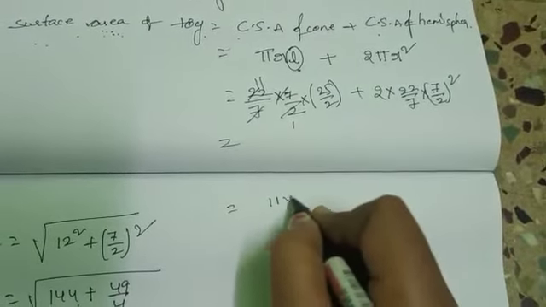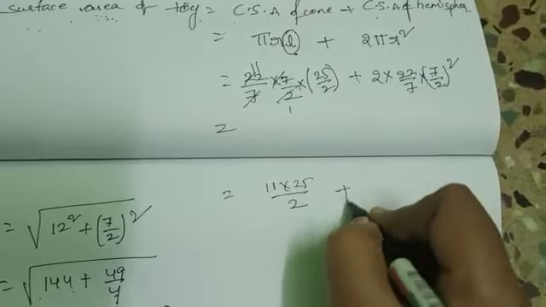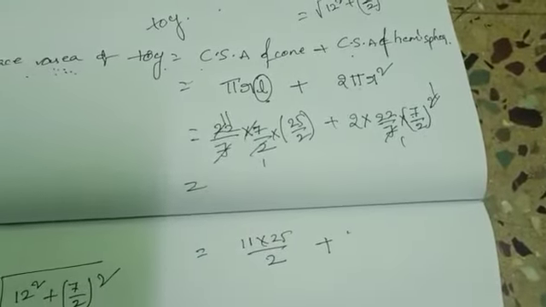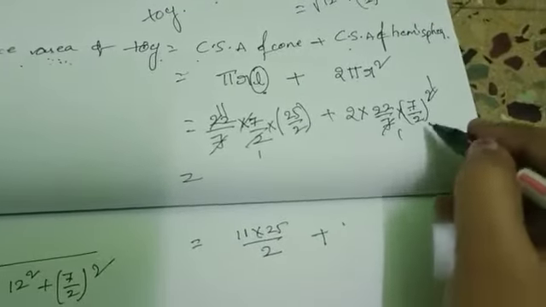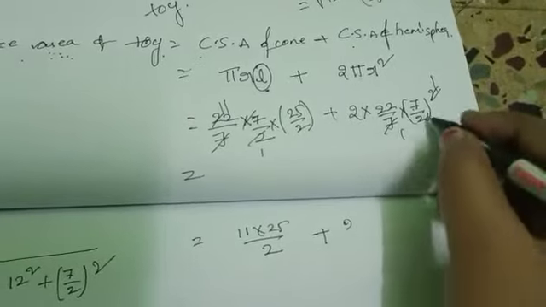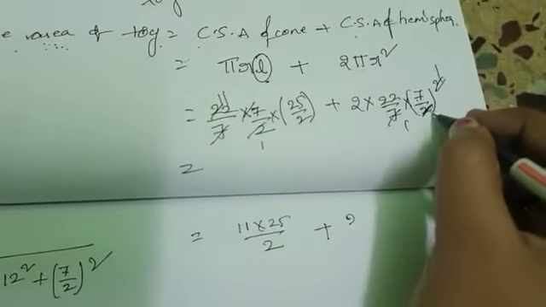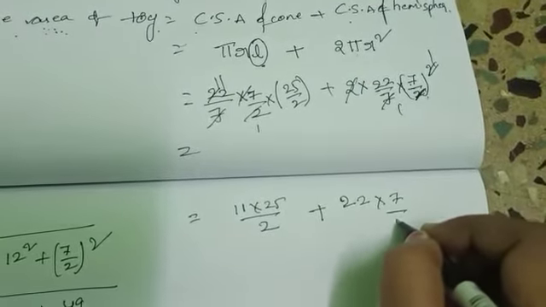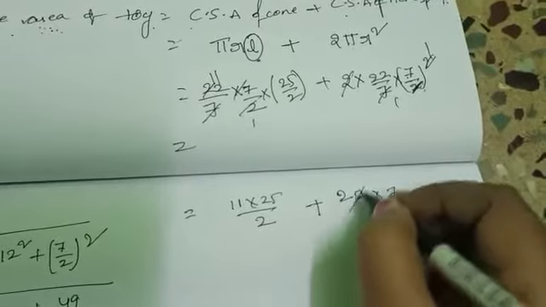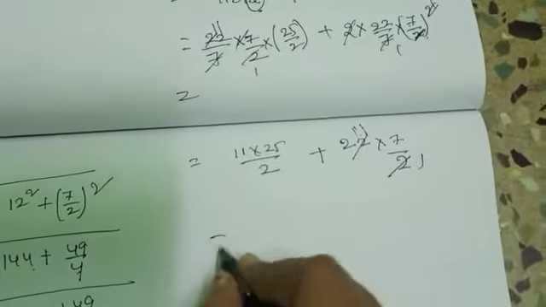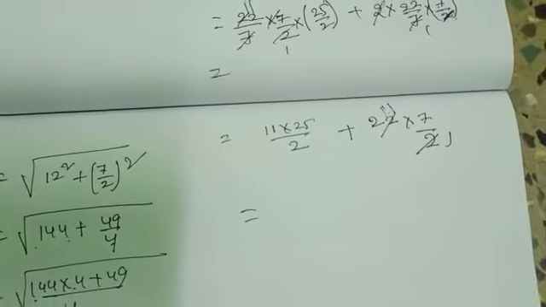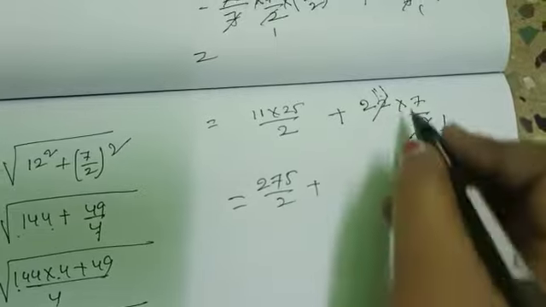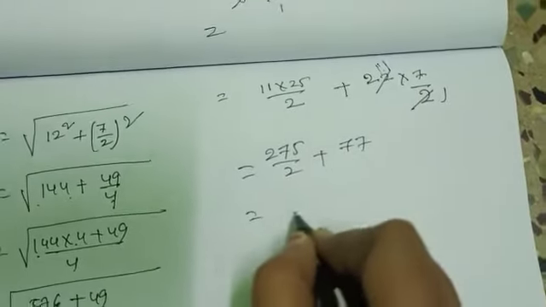Finally 11 into 25 by 2 plus 7 ones, 1 time, the 2 gets cancelled, remaining 22 into 7 by 2. 2 ones are 2, 2 11s are 22. 11 into 25 is 275 by 2 plus 11 into 7, 77.